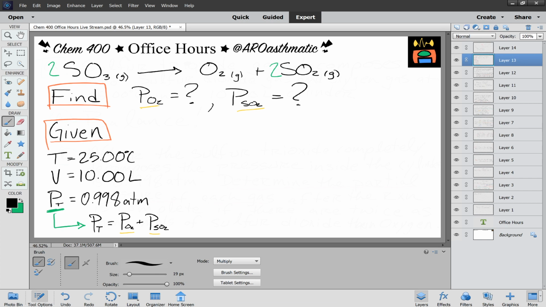We're asked to determine the partial pressures if there are twice as many moles of sulfur dioxide than oxygen, all right? So we're told something. We're given that we have "twice as many moles of sulfur dioxide as oxygen."